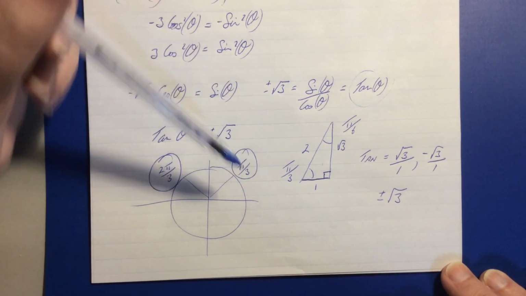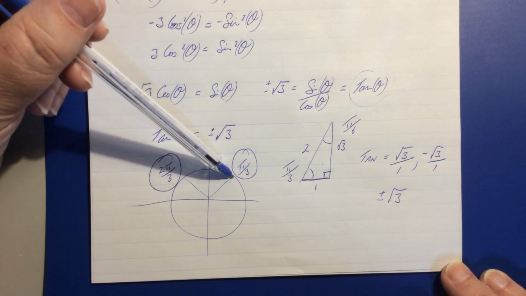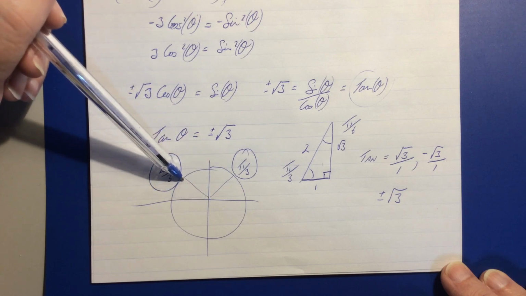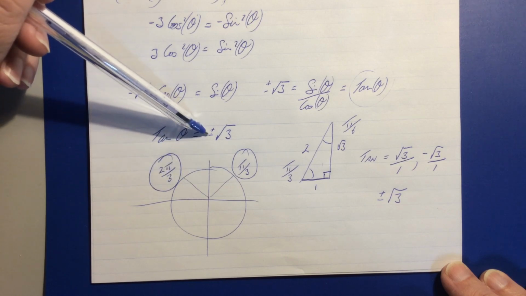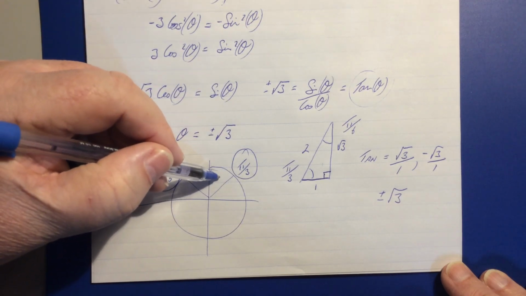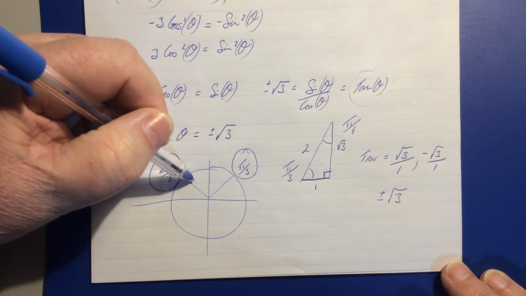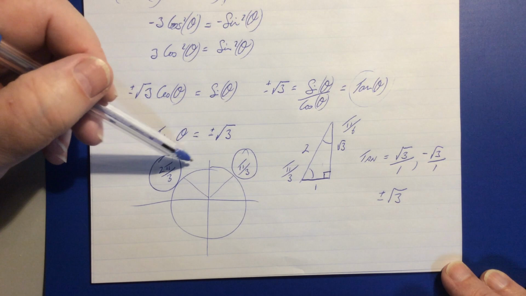Now, what's the other solution? Well, if we look over here, here's pi on 3. We can move over into this quadrant because we can have a negative here. All signs are positive here, sines, cosines, and tangents, I should say. Sines are positive here, but tangents are negative, and that can give us the negative root 3.